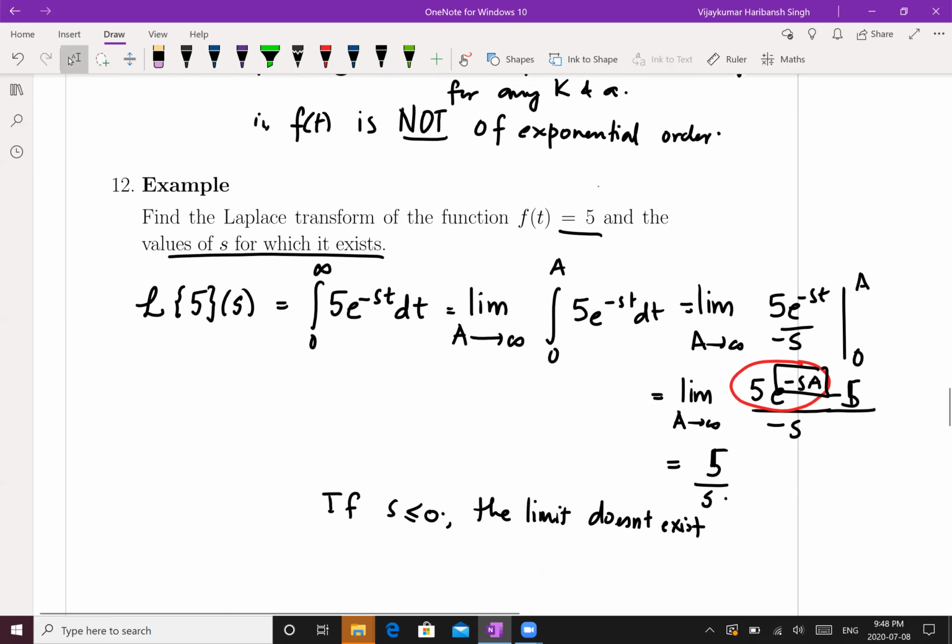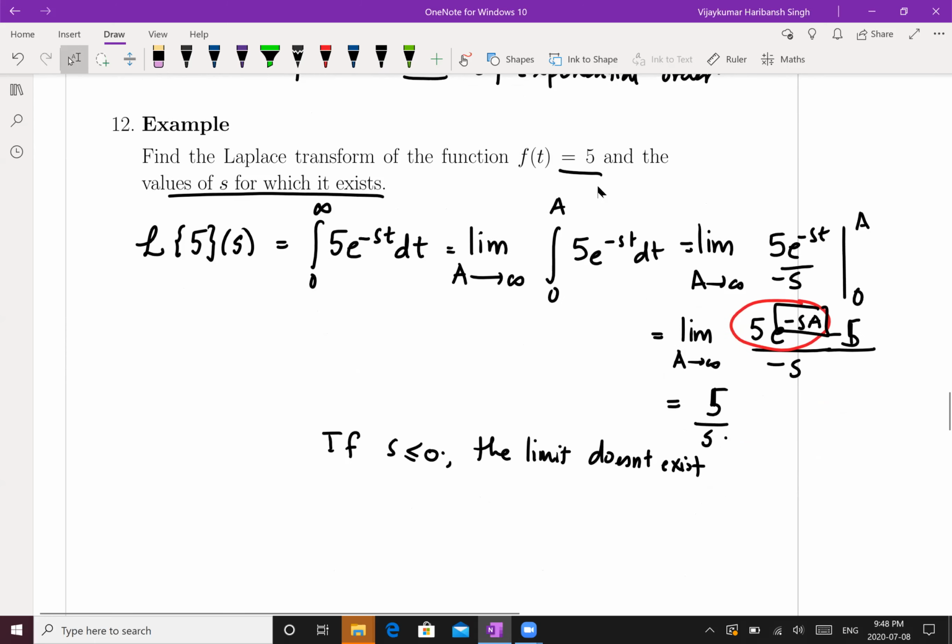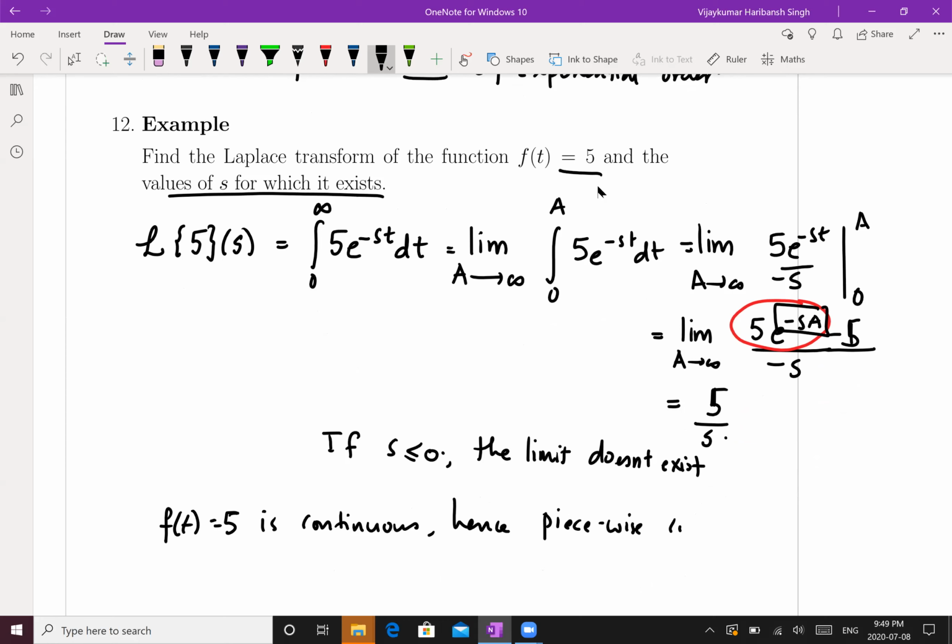So clearly you can see that f of t, which is 5, is continuous, hence piecewise continuous. And the absolute value of f of t, which is 5, is less than or equal to 5 times e to the power 0t.